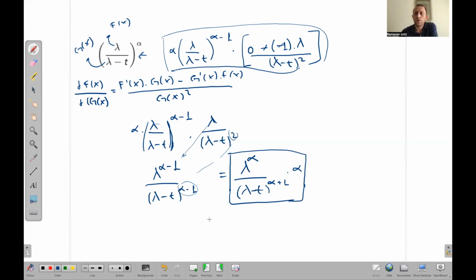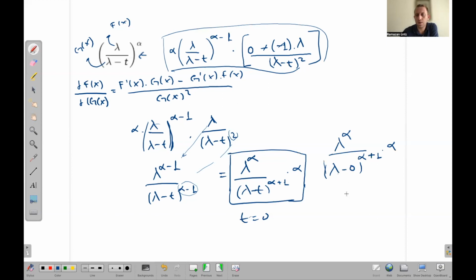But to calculate the first moment, we have to evaluate this one at t equal to 0. So that will be lambda to the alpha divided by lambda minus 0 to the alpha plus 1 times alpha. So this part will be lambda.